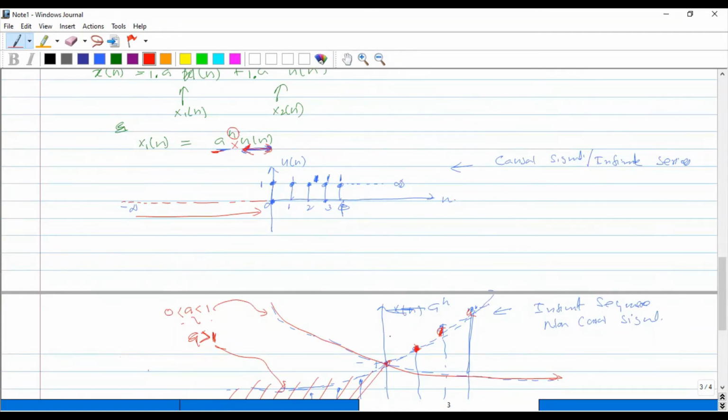By multiplying with the unit step function, we only get information about the range of n. There is no other effect. That is the idea you should get.